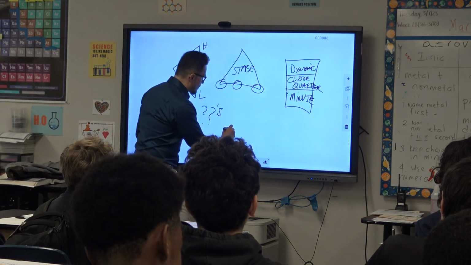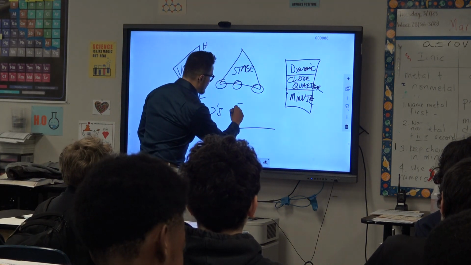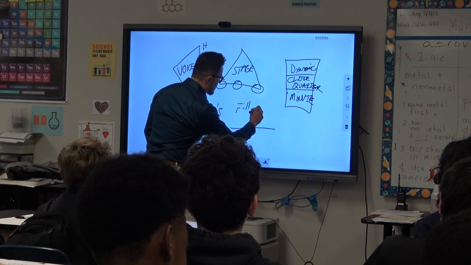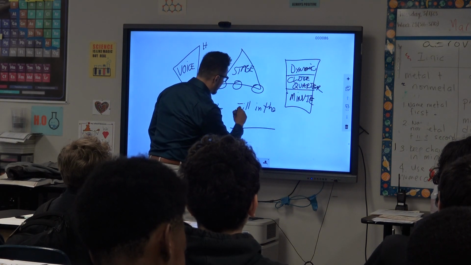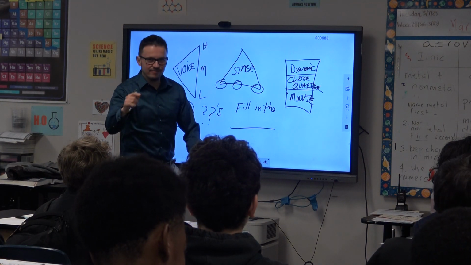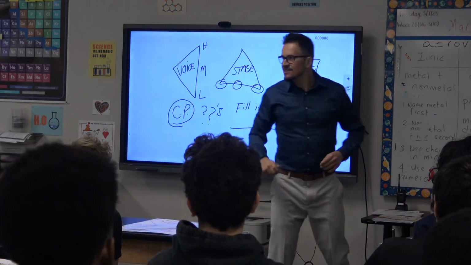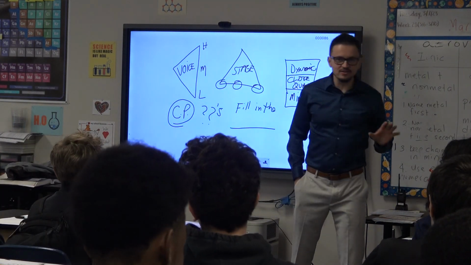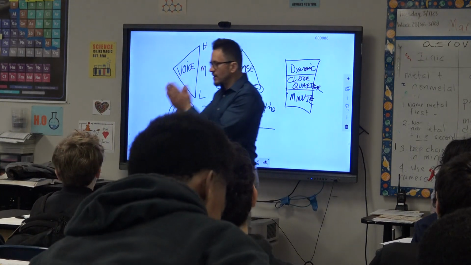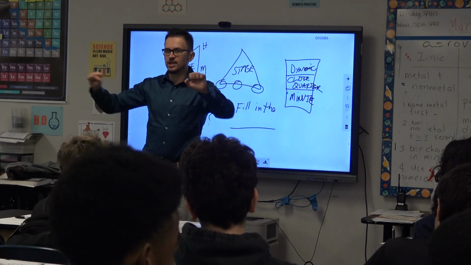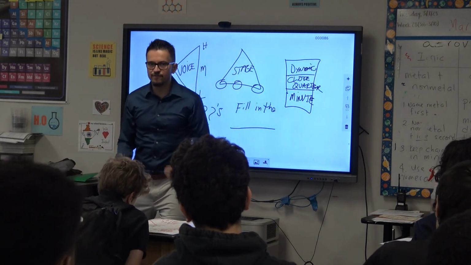Another way to create crowd participation is to fill in the blank. Very good. So here's how we do this. Pay attention. Start a sentence, don't finish it. Let the audience finish it for you.